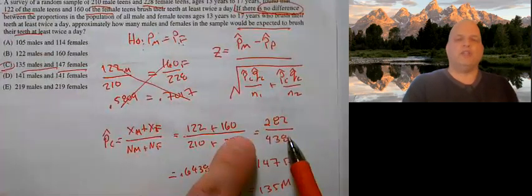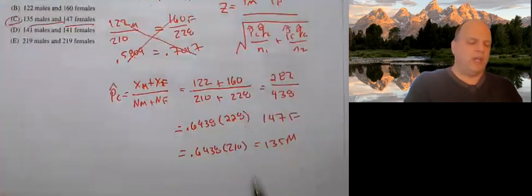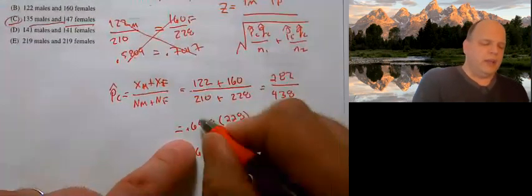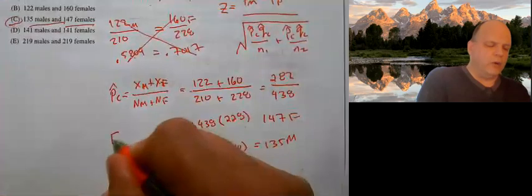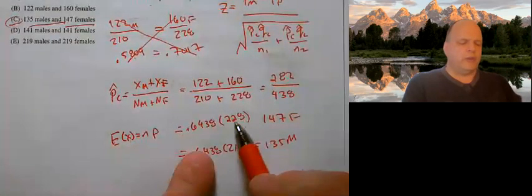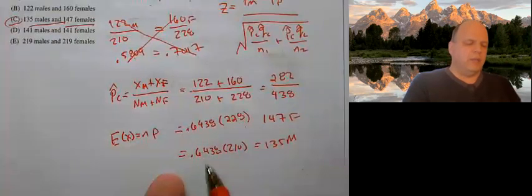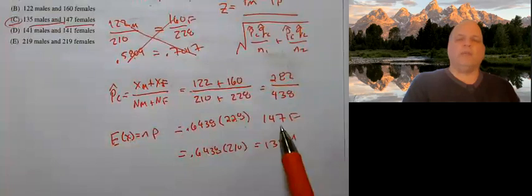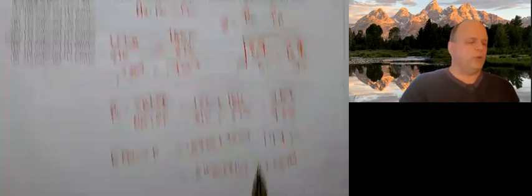And once I have the combination, it's the expected value equals NP. There's my N, there's my P. And so we ended up with 147 females and 135 males, and answer choice C.